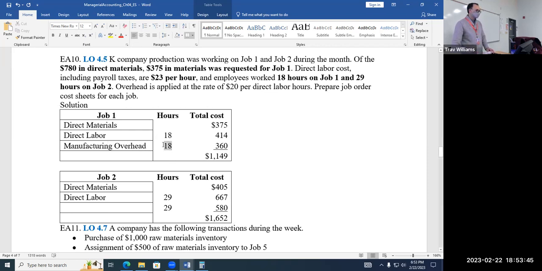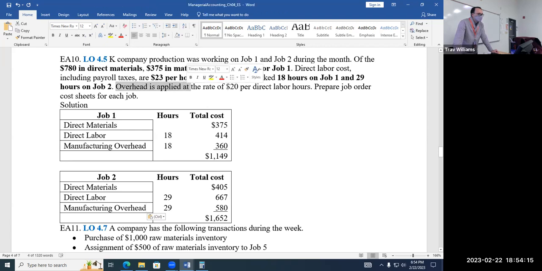Why would it have 18 hours though? What does that signify? So here it says overhead is applied at the rate of $20 per direct labor hour.